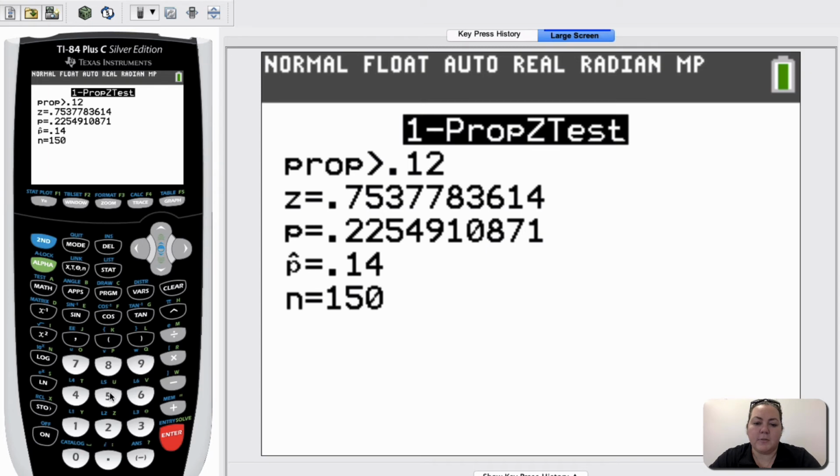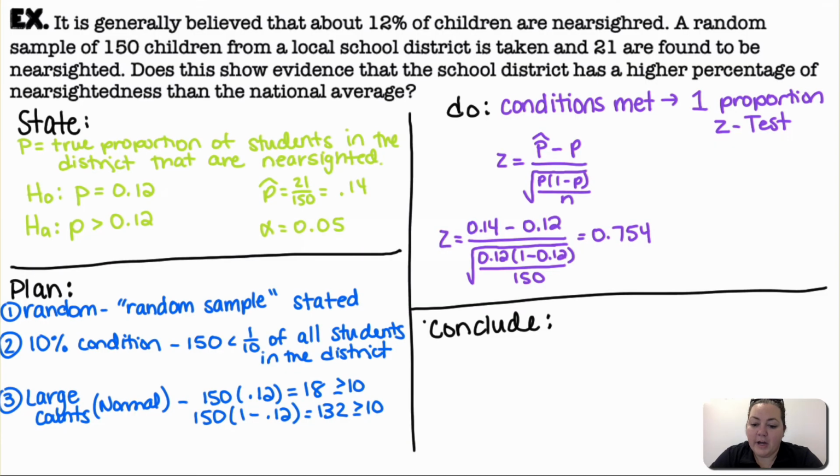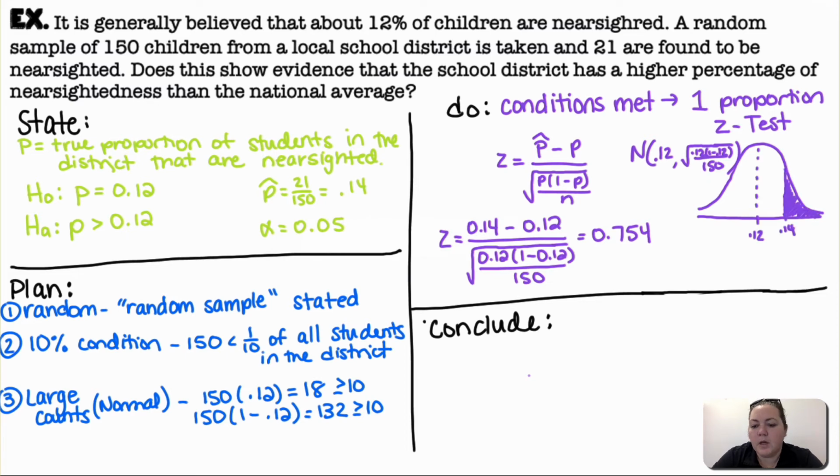It gives me z, my test statistic, it gives me p, my p-value, it gives me p hat, and n. So now we have our z-score of 0.754, and we're going to draw our normal curve with a mean of 0.12 and a standard deviation of the square root of 0.12 times 1 minus 0.12 over 150. I'm going to go to my p hat value, 0.14, and shade everything above it because I'm doing a greater than test.